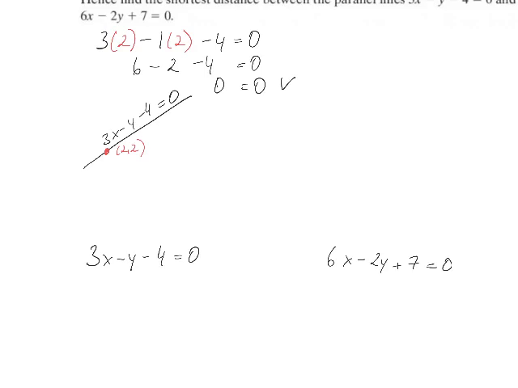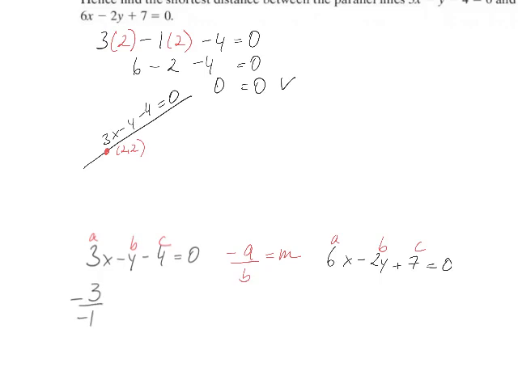Okay, so remember this was A, B and C, and if we go minus A over B, we get the slope m. For the left we have minus A is minus 3, B is minus 1.